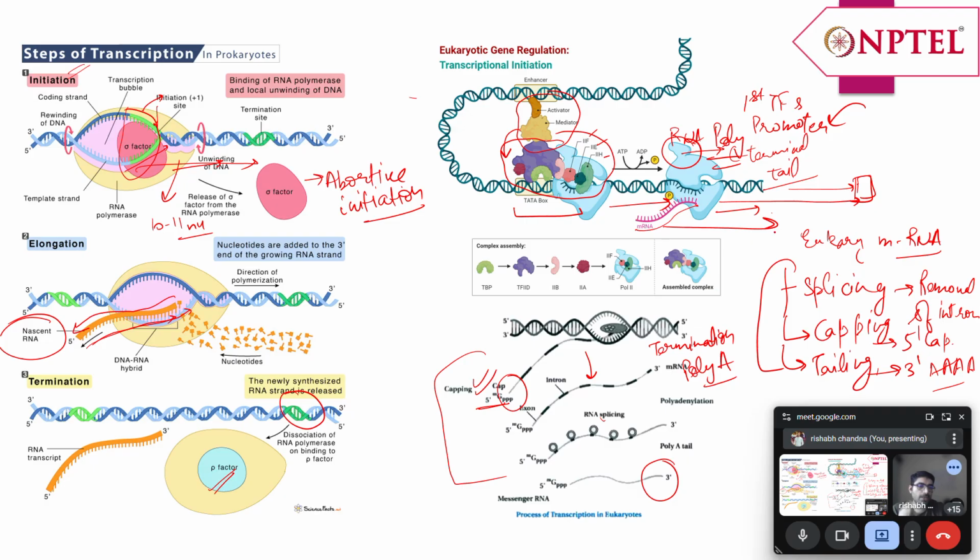Due to that, the RNA is released from the polymerase, and then it adds the poly A tail, which leads to the release of the RNA polymerase from the DNA also. So that is linked to the termination of this particular transcription in eukaryotes.